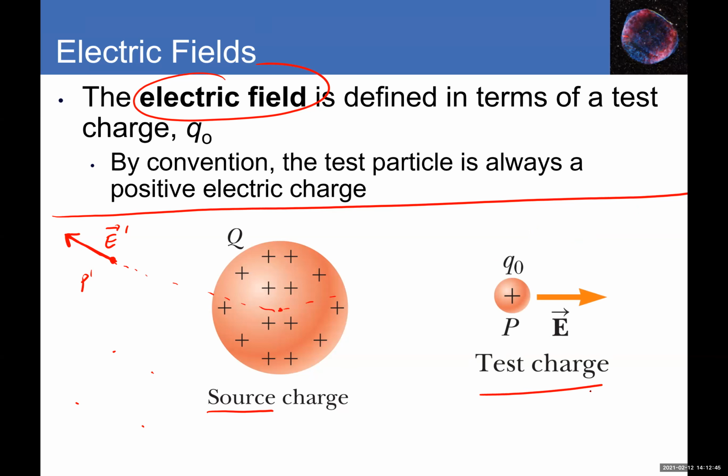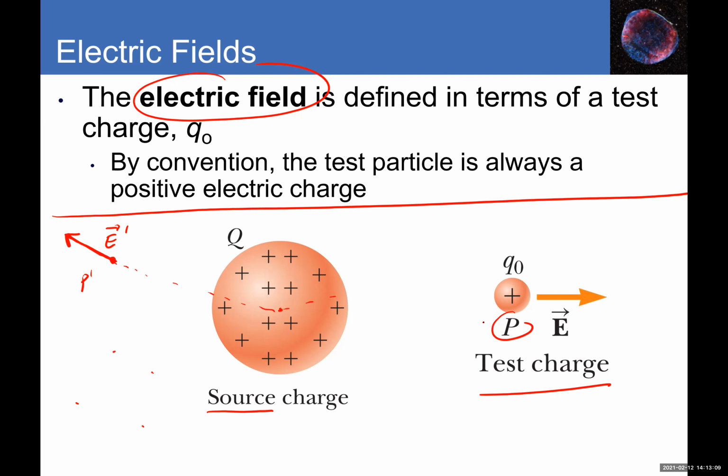Because this region at that point P has electric field there, there's going to be electric force acting on it. As soon as the test charge feels the presence of the electric field, it is being pushed or pulled. Or you can say that as soon as you place it there and there's electric field, it's going to right away exert force on this test charge.